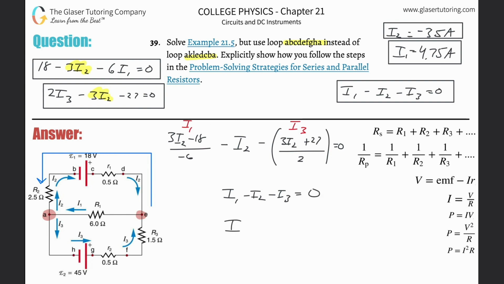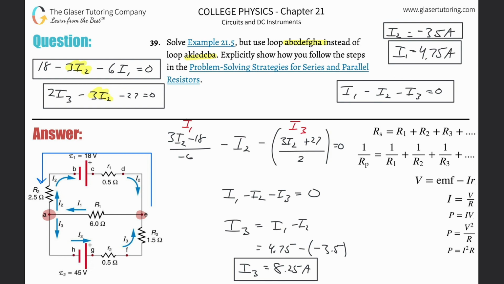So we realize that I3 will simply be equal to I1 minus I2. And then we simply plug in the values. I1 was 4.75 minus a negative 3.5. And here we have I3 being equal to 4.75 minus a negative 3.5. So 8.25, right? 8.25 amps. All that tells me is that the current is pointing in the right direction in the picture. All right, so those are now the answers.